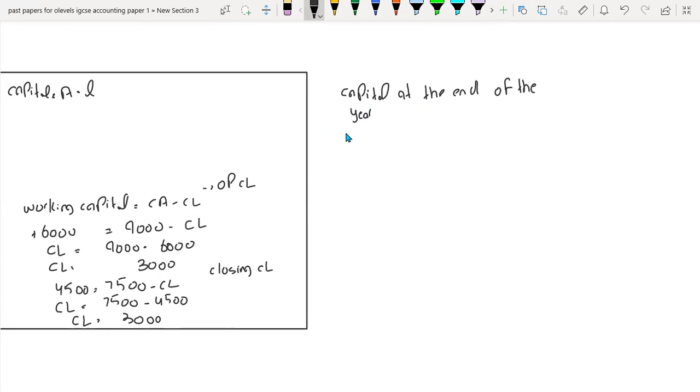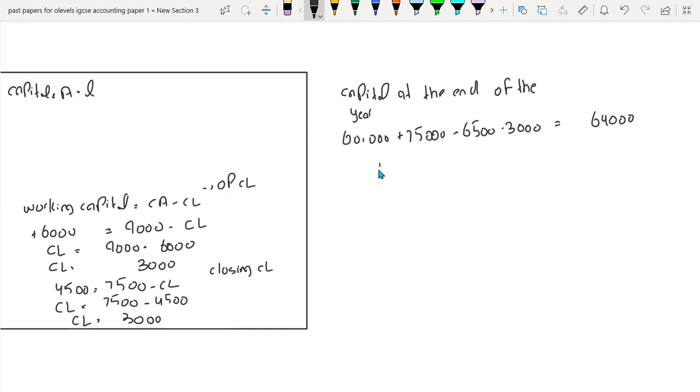Non-current assets were 60,000 plus current assets were 75,000, and the non-current liability was 6,500, and the current liability for the closing capital was 3,000. We just calculated it here. So altogether we have the answer for the closing capital at the end of the year as 64,000.